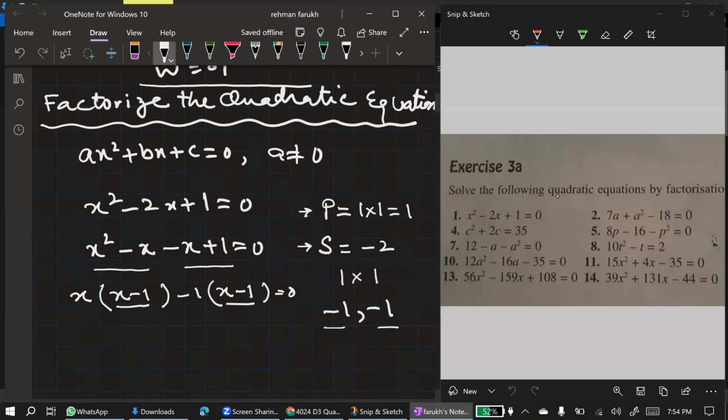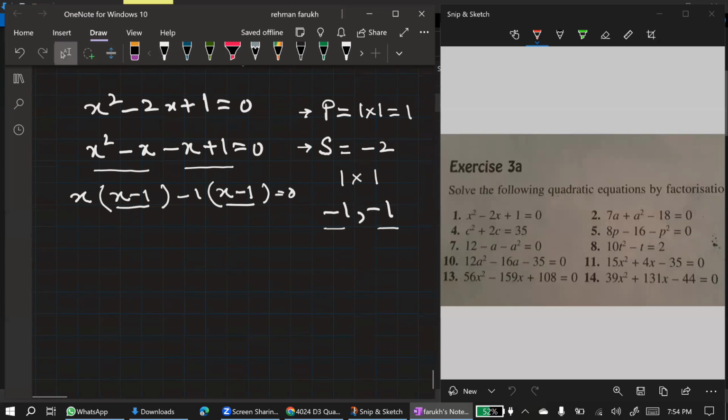If the expression inside the brackets is the same, that is x minus 1, then you are on the right path. Now we will take common x minus 1. x minus 1 into x minus 1 is equal to 0. Now we have factorized this quadratic expression and the two factors are x minus 1 and x minus 1.